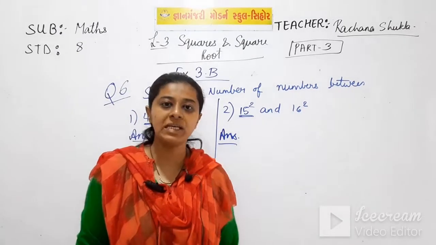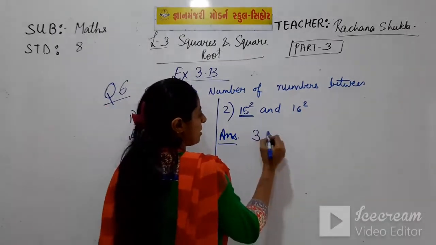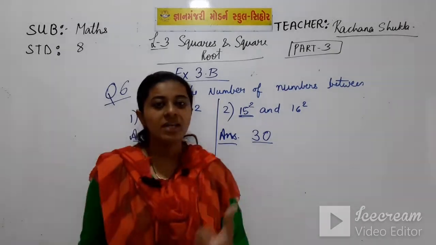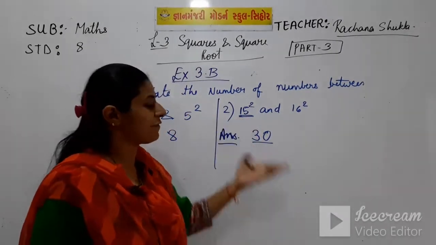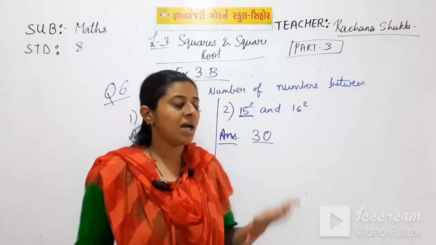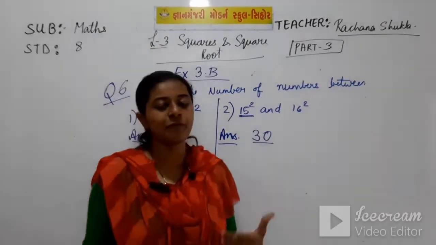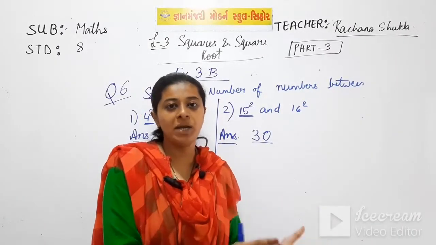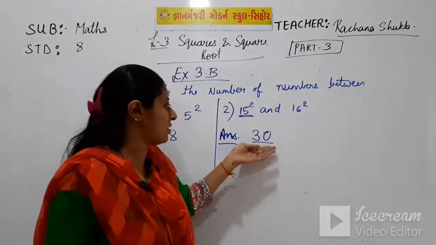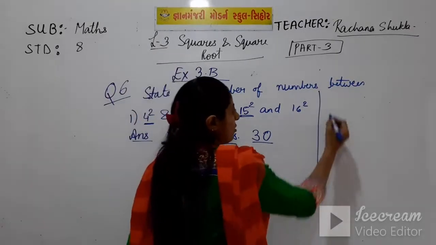The double of 15 is 30 and your answer is 30. So there are 30 numbers between the square of 15, that is 225, and the square of 16, that is 256. Directly you can find out.